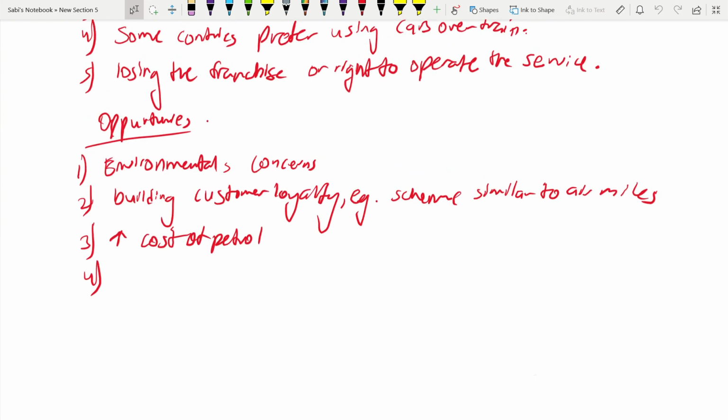New routes are expensive to develop, correct. But once they are built, it becomes expensive for new entrants to come and compete. It's a barrier to entry for the competitors. They cannot easily come and build new routes when they want to enter the rail service.